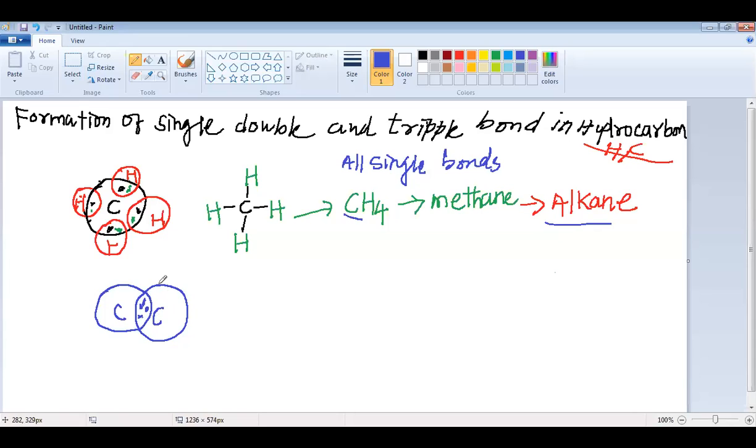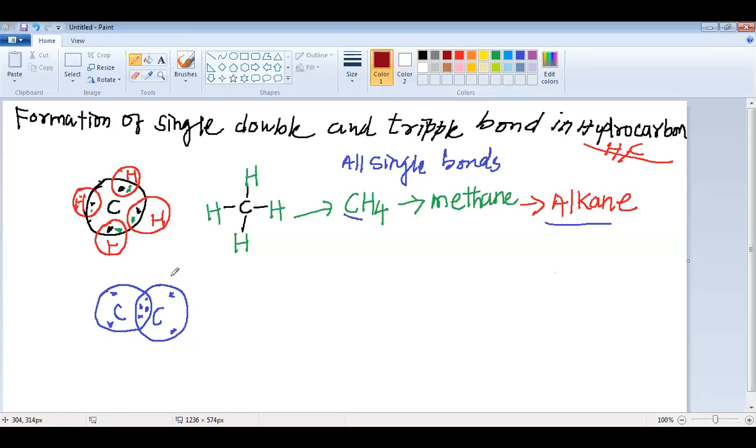When it comes to the sharing of 4 electrons, my dear students, till this point each carbon has got single electrons left with it. Sorry, not a single electron, but 2 single electrons are left with each carbon.